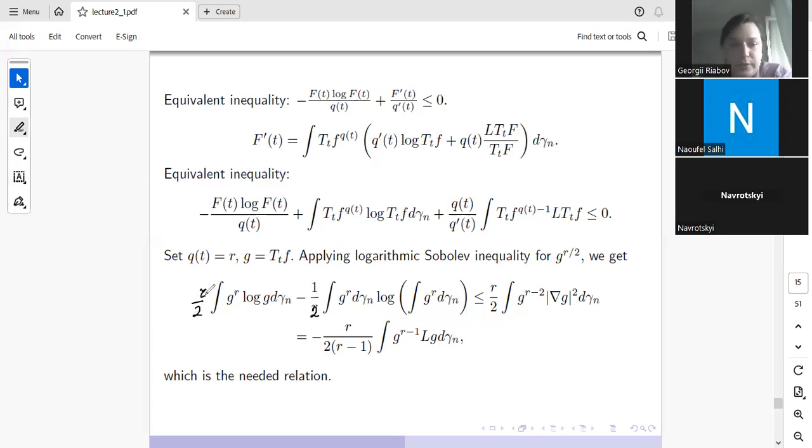And then after dividing by r over 2, we will get this inequality, which after integration by parts is actually the one we need.